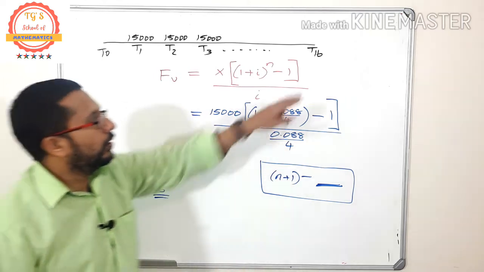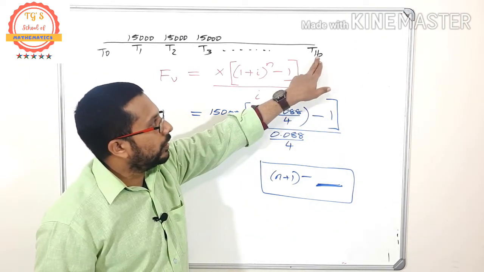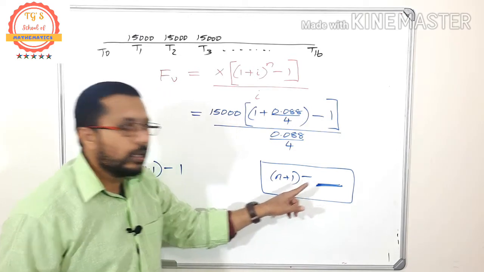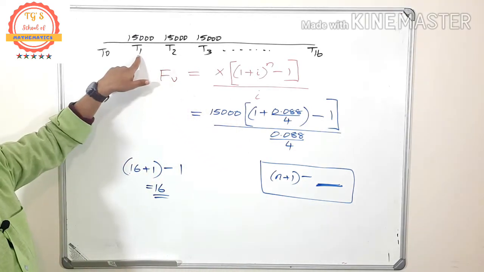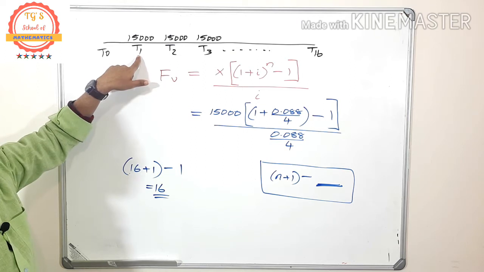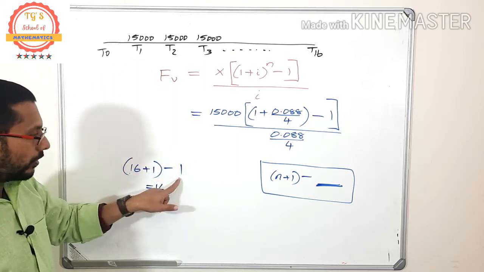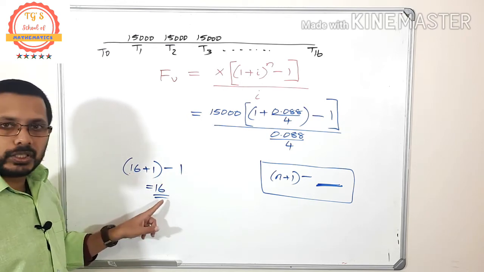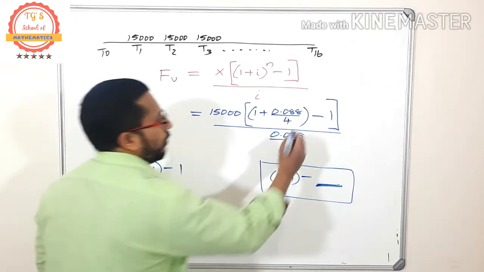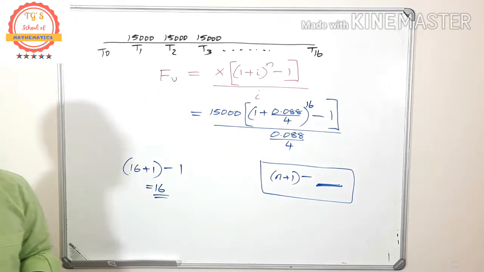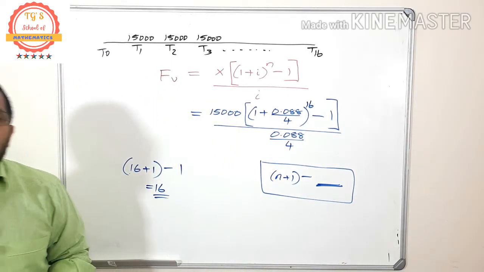So how can you find the value of N? 16 plus 1 minus where the investment started, during the first quarter. So 17 minus 1, 16. So here I am supposed to write 16 times.